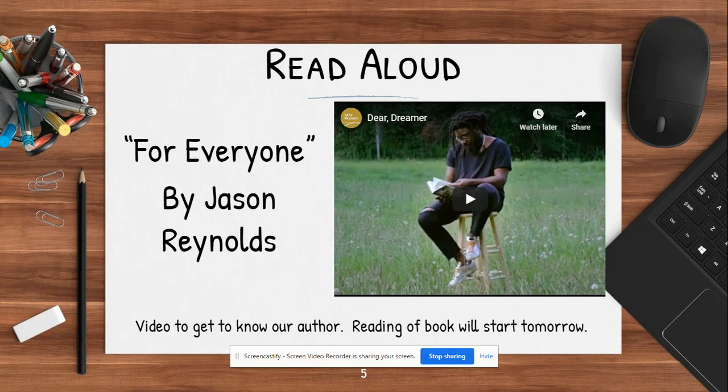So today is a video called Dear Dreamer. It's a video to get you to know our author, which a lot of you do know him. He's the author of Ghost. But it's just how he produces his material and his feelings. So make sure that you watch it. It's a good video. We're going to start reading the book tomorrow.